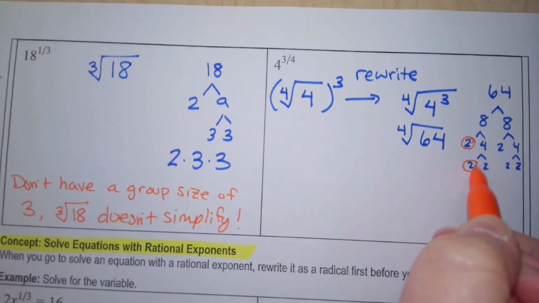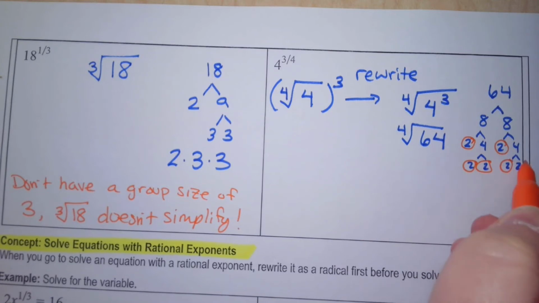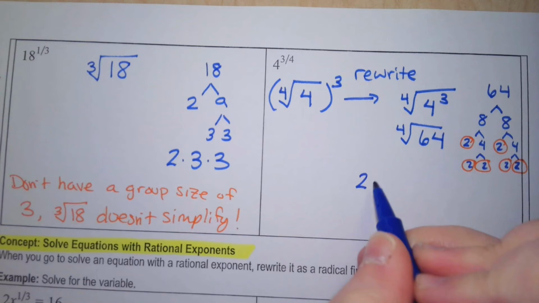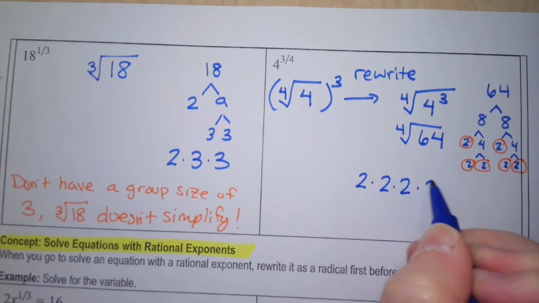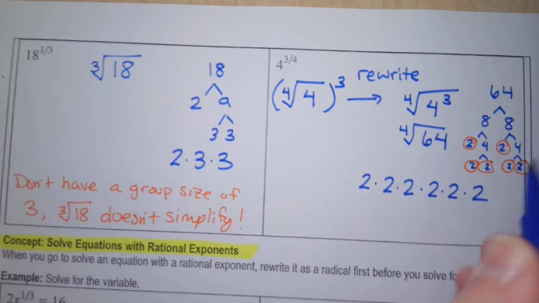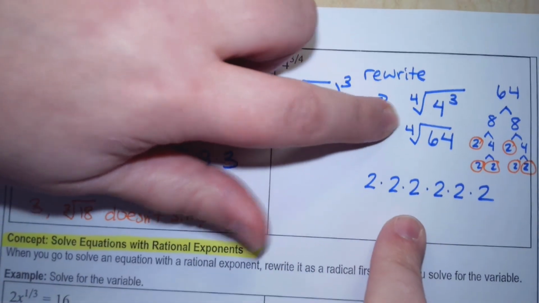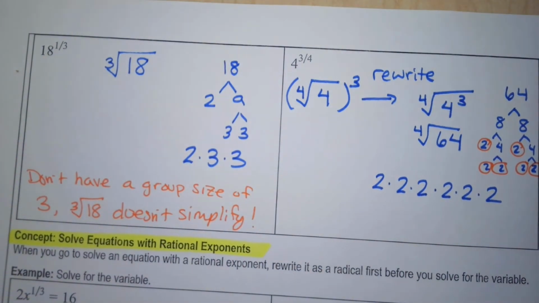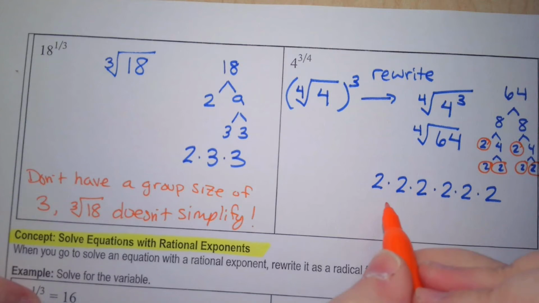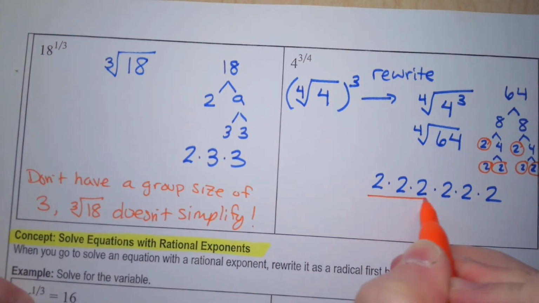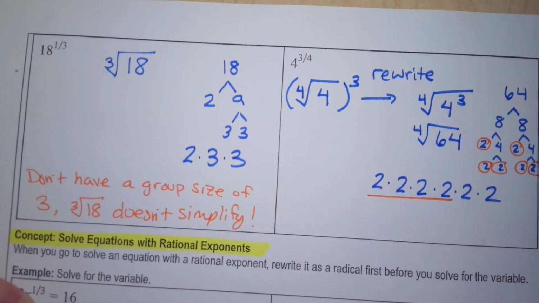All these 2's are prime. So we have 2 times 2 times 2 times 2 times 2 times 2. Because it's the 4th root, we need a group size of 4. So thankfully, this one we have a group of 4 2's.